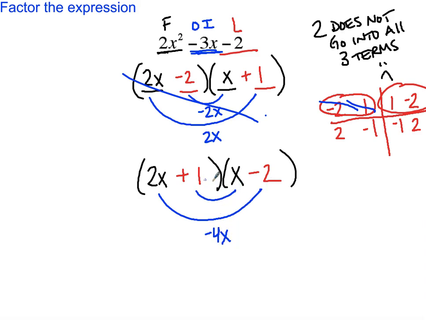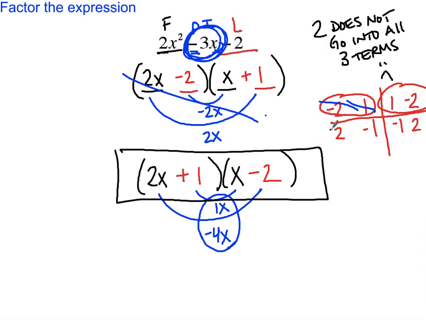The inside 1 times x is 1x. What do you get when you add those up? You get -3x. That's what we wanted. Whoops, I didn't mean to cross it out. I meant to circle it. So -3x is what we wanted this whole time. So that means that we did it. This is the right answer right here.